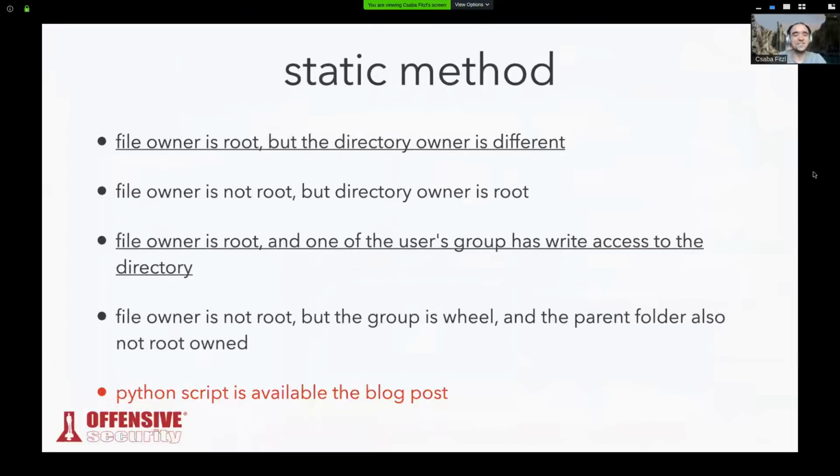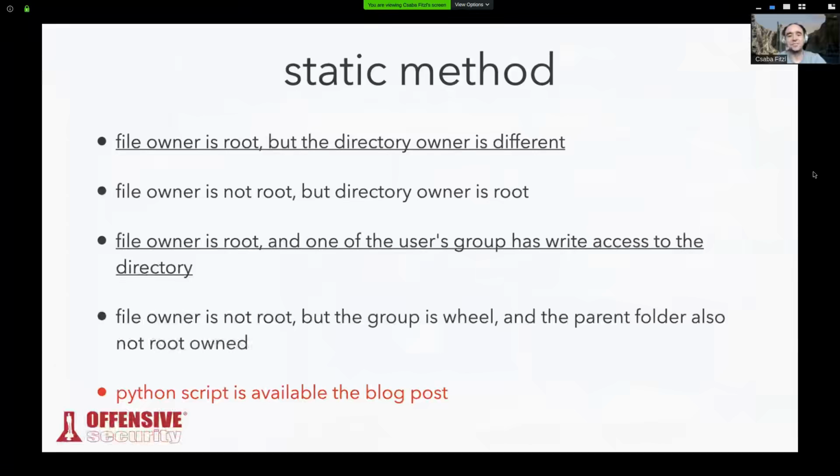And there is a fourth case. I also found one use case for it. It wasn't that significant, but still worth mentioning. When the file owner is not root, but the group is wheel. Wheel is really the group that root belongs to.